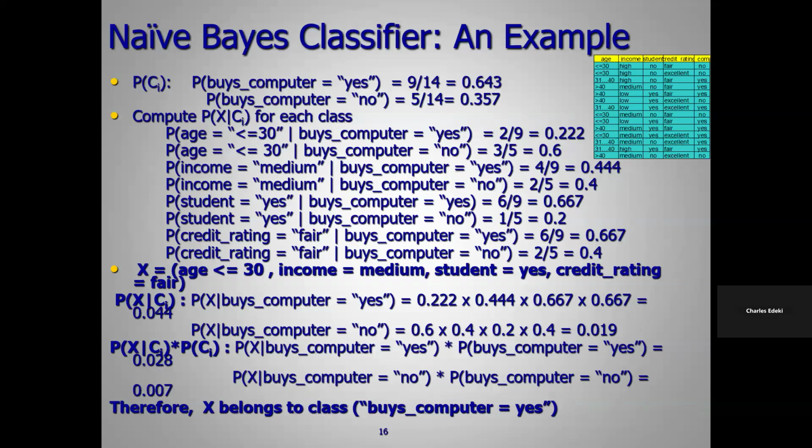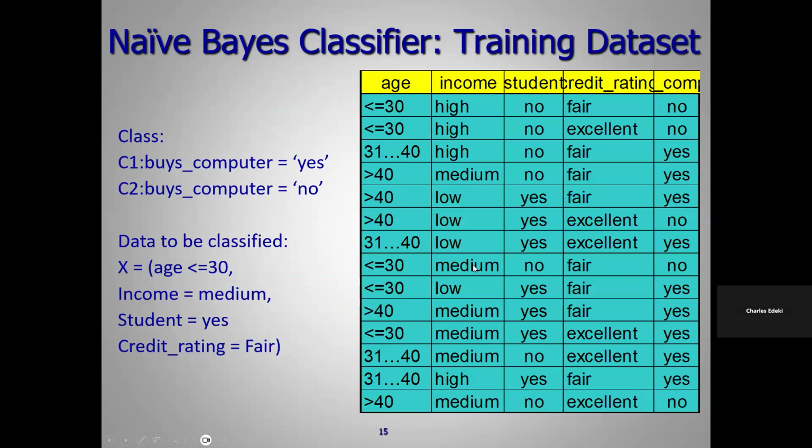Then we have to look at the yeses and the nos. Remember, if you count all the yes and no, 9 plus 5 is 14. That gives us the whole. So we have to count how many yeses and how many nos we have. Only this one we are going to do.